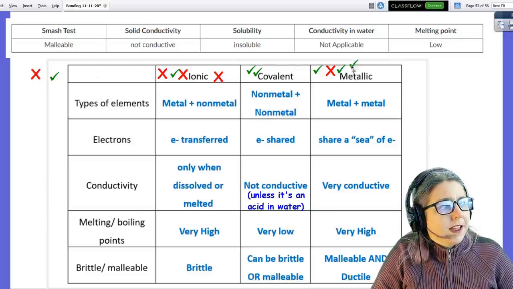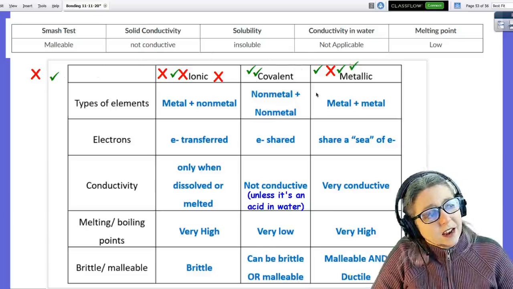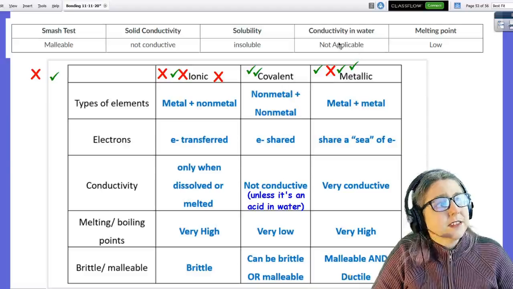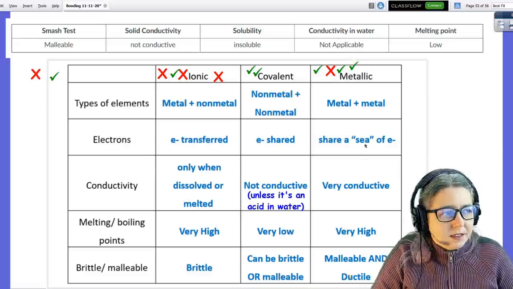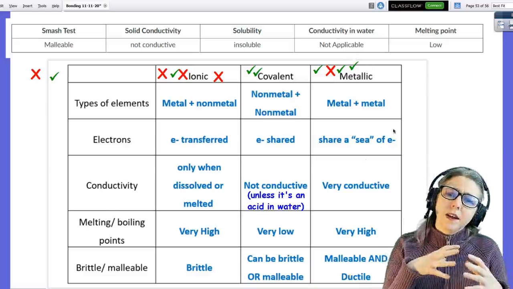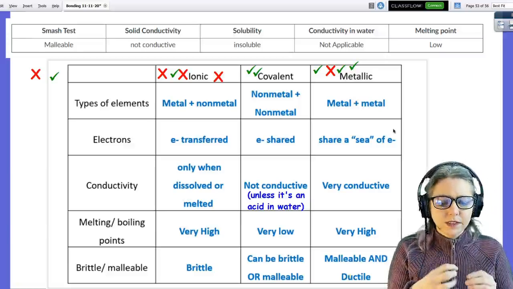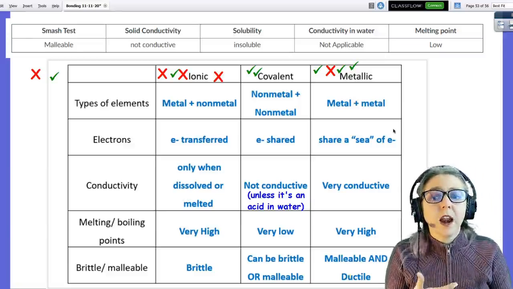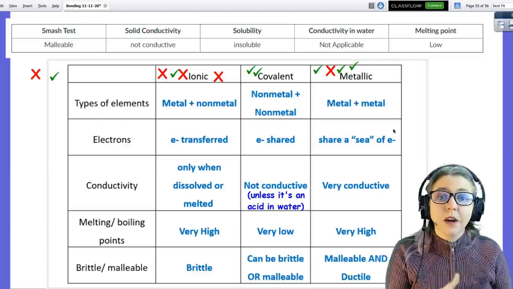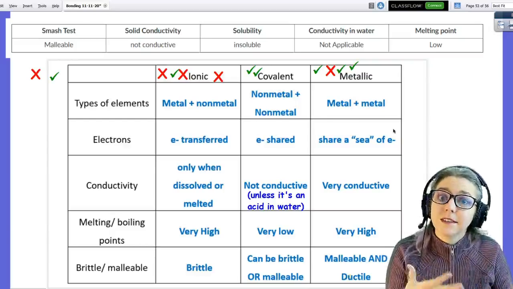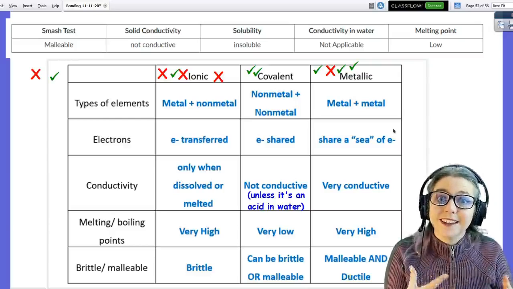However, for my metallic compounds, and kind of for this one now, even if it is covalent, it did not dissolve in the water. My metals didn't dissolve in the water. So when I did my water conductivity test, I wasn't really testing a solution of my metal and the water. I was really only testing pure liquid water. Pure water does not conduct electricity.